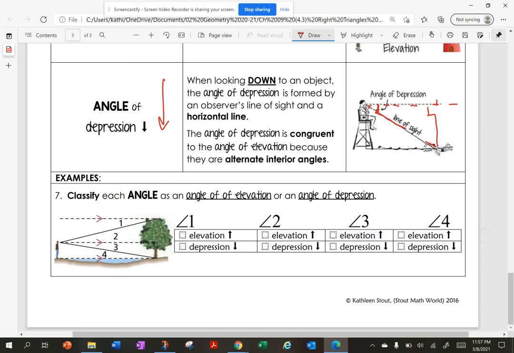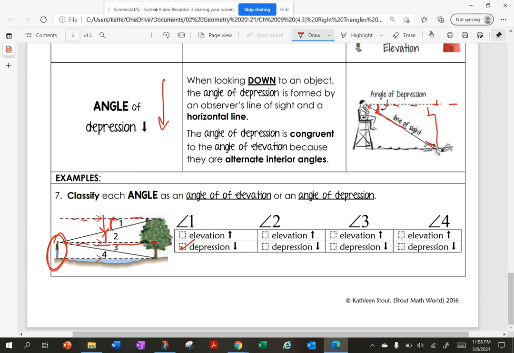So let's identify some angles of elevation and depression. So angle 1, here's the horizontal, so I'm looking down, so this would be an angle of depression. 3, here's the person right here. So here's 3, here's the horizontal, so I'm looking from the horizontal.